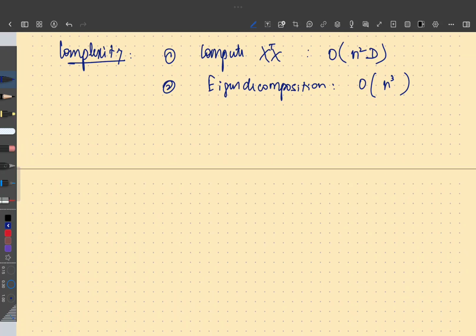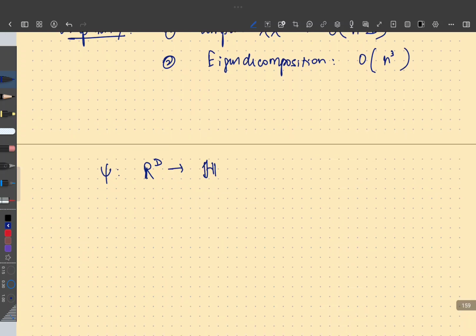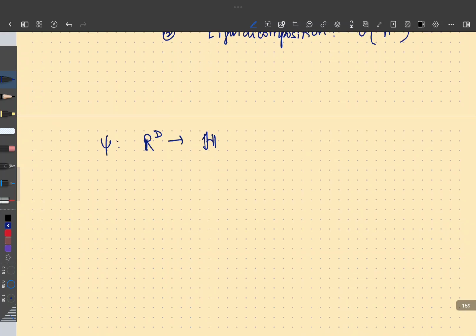So now suppose that instead of doing PCA, let's say that psi is an embedding from R^d to some Hilbert space H. This could be of any dimension. I don't know what is the dimension of this Hilbert space. And suppose that H, for now, just conceptually, is finite dimensional.